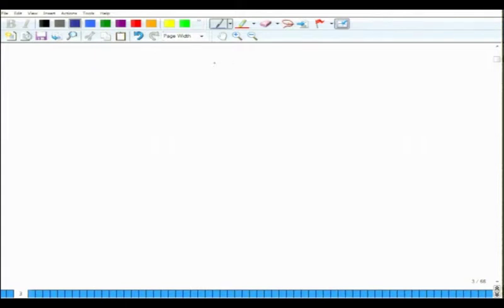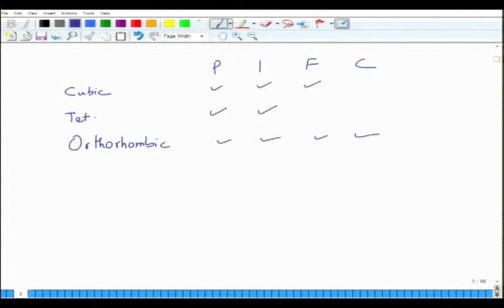So for example, we looked at 7 crystal systems. We defined them in categories of P, I, F, C, and we saw that in case of cubic you only have primitive, body centered and face centered. In case of tetragonal you had only primitive and body centered. In case of orthorhombic you had all 4 of them, and so on and so forth. So the question was why are some of these missing?